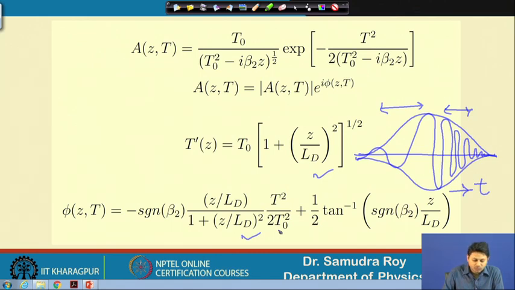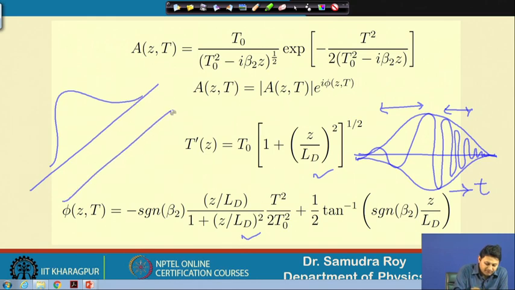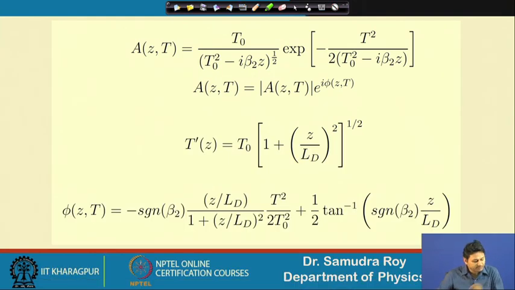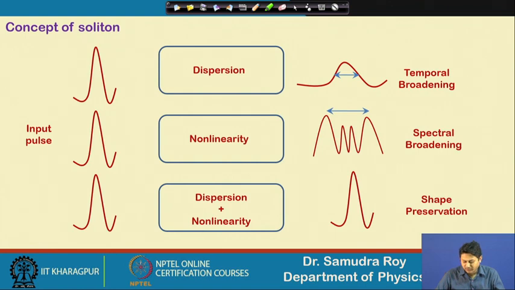There we found, if you remember, the distribution of intensity, and if I take the derivative of the intensity distribution, it was something like this, and based on that we found there is a chirping of the pulse. So, self phase modulation is an effect where we also have chirping. You should keep in mind that the dispersion effect individually gives chirping, and self phase modulation also gives chirping. Now, with this knowledge we can have a concept of soliton.